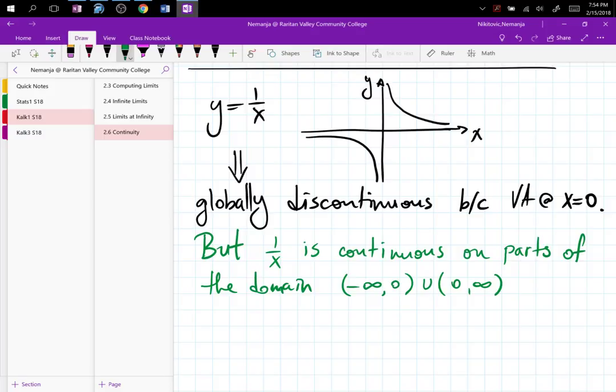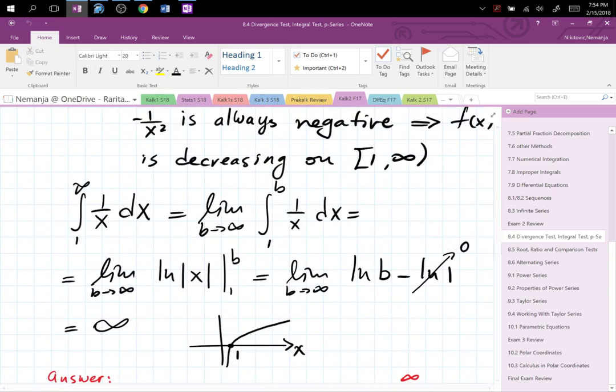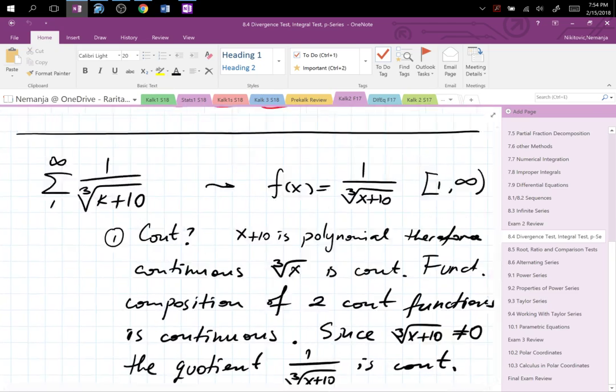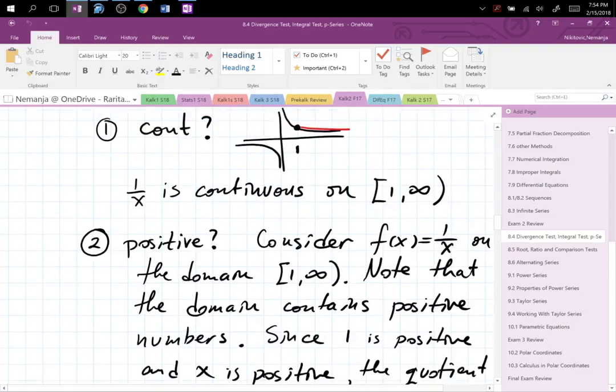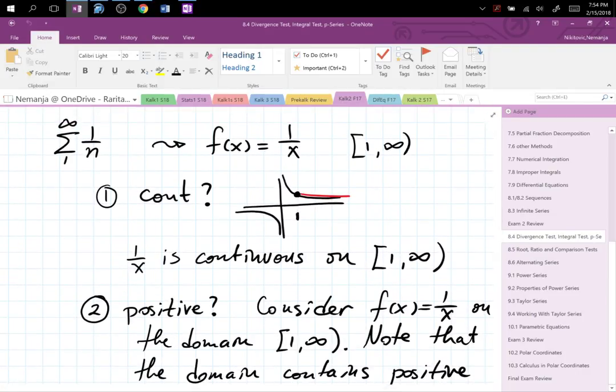Now, again, going back to Calculus 2 and talking about this. I'm going back to this problem over here where I have 1 over n and I create 1 over x, but it's on the domain 1 to infinity. Because the sum over there was 1 to infinity, the domain I'm considering is 1 to infinity.